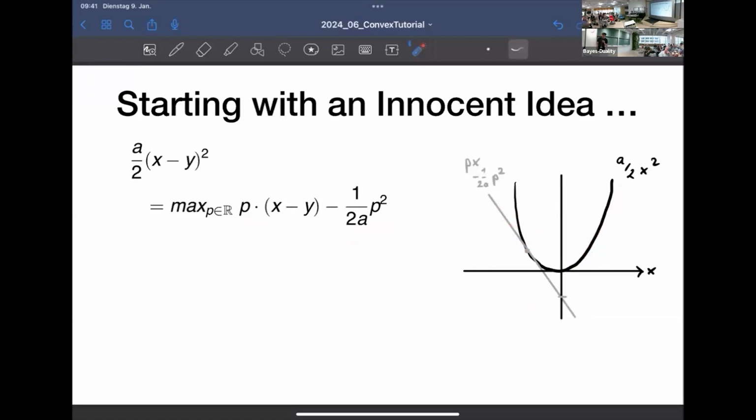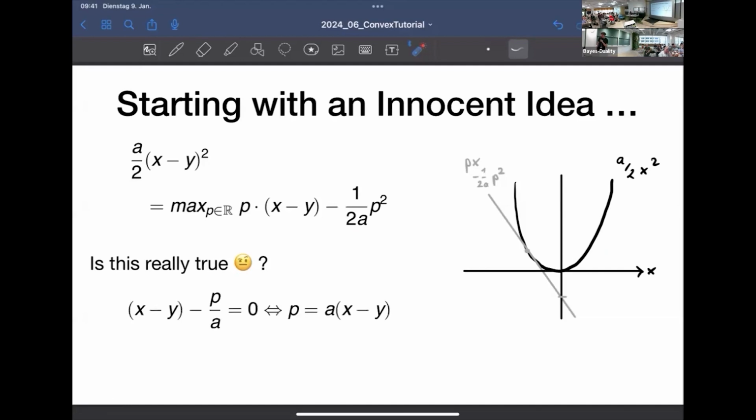Of course you can say, is this really true? If you don't believe me, you take the derivative, set it to 0 and plug it back in, and you will see that it's actually true. Let's do this. We take the derivative and solve for p, so we know the optimal p is a times (x minus y).